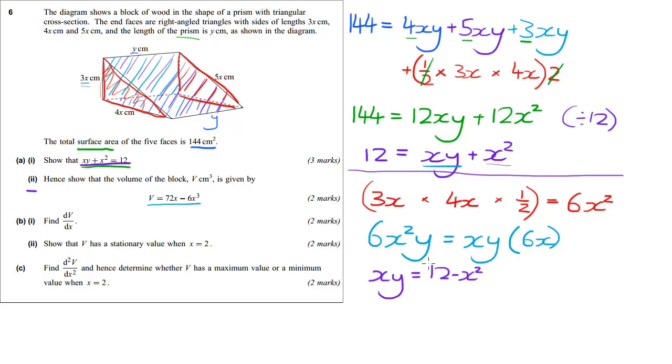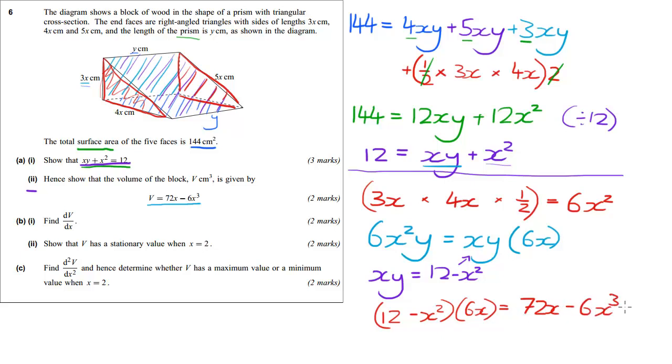So let's put that into there. And then what we'll get is 12 minus x squared times by 6x. And hey, what do you know? 6 times by 12 is going to be 72x, and then minus 6x cubed.